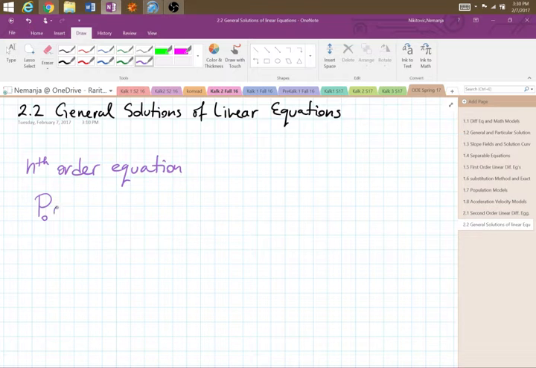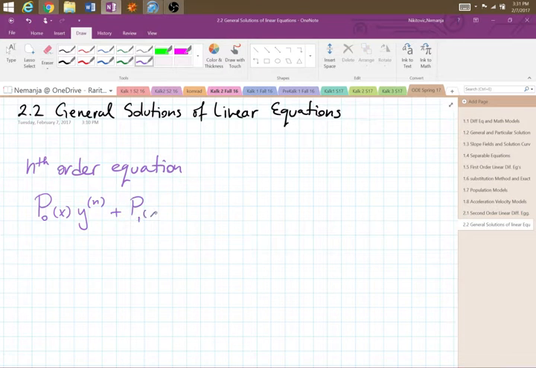P0 of x, so it can be a function or a constant, times y to the nth. For the first derivative you use a prime, for the second derivative 2 primes, and for the third derivative 3 primes. When you reach the fourth derivative, you start writing derivatives in parentheses. That's the notation, so that's why we have n in parentheses there.